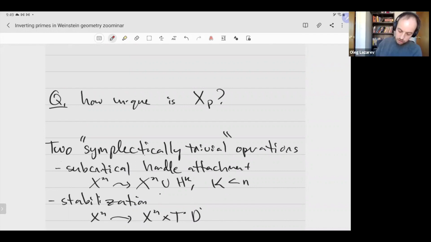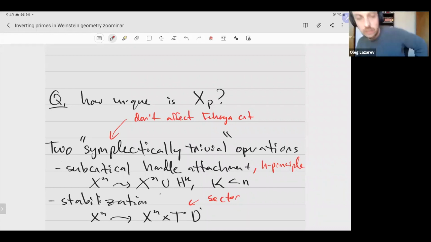And then there's also stabilization, which is taking X to X times T star D1, which is viewed as a sector. And by symplectically trivial, I mean these operations don't affect the Fukaya category. And subcriticals also are essentially topological, they satisfy an h-principle.